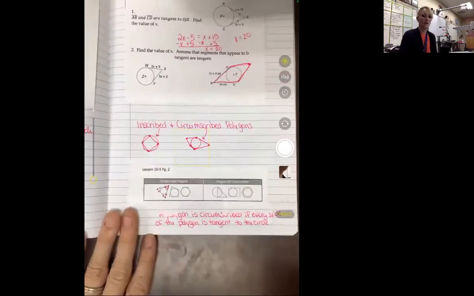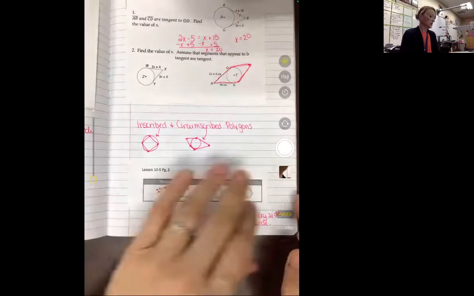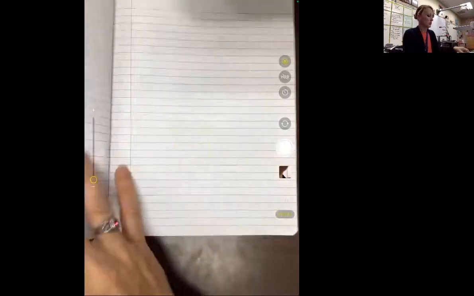So that's basically the definition of circumscribed, is that they're tangent to the circle.